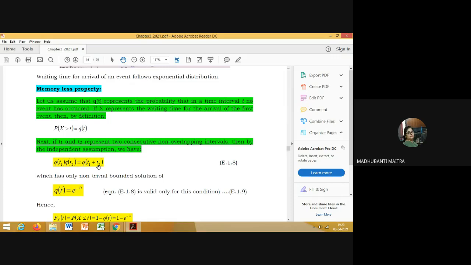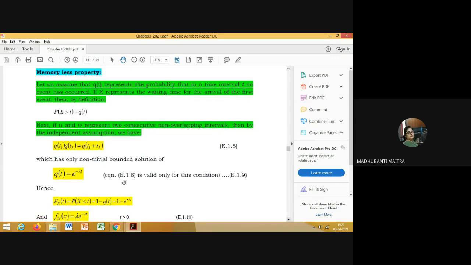So for this particular equation, we have only one non-trivial solution, which is given by q(t) equal to e to the power minus lambda t. Do you agree? The right hand side will be e to the power minus lambda (t1 plus t2), right?